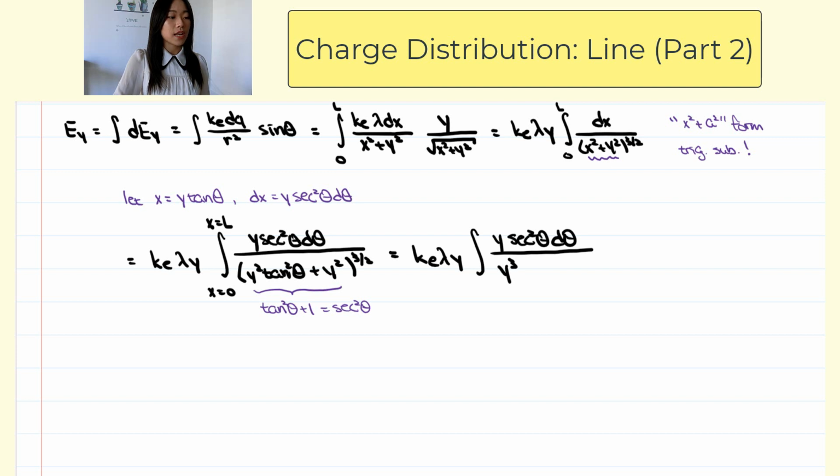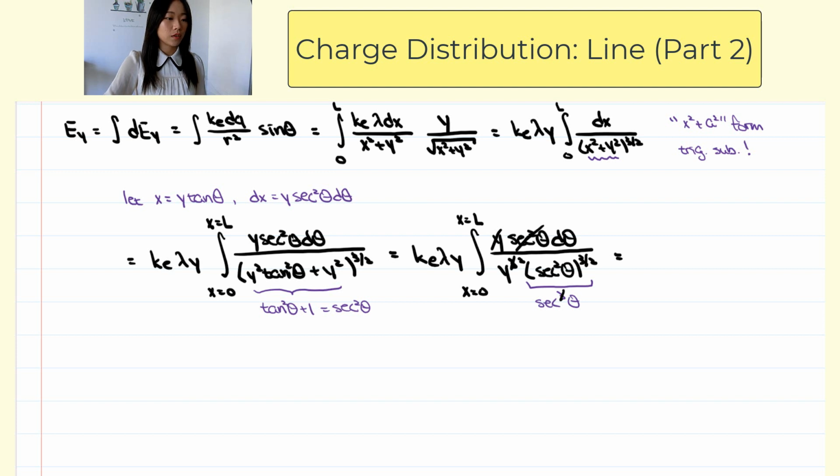Then times tangent theta squared plus 1, which equals secant theta squared, to the power of 3 over 2. Or we can rewrite this as secant theta to the power of 3, so secant theta cubed. We cancel out a y, and we cancel out a secant theta squared. And this integral is from x equals 0 to x equals L.